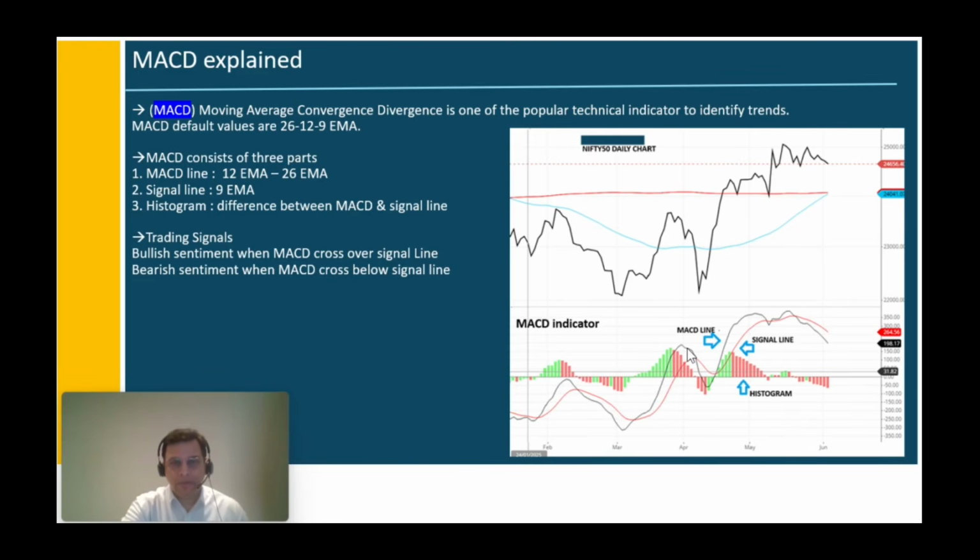One more sign you need to understand is when MACD is crossing over the signal line. I've indicated a couple of examples. As you see, MACD over here has crossed over the 9 EMA signal line and it's moving up, whereas the histogram as well is going into green, which is also increasing.